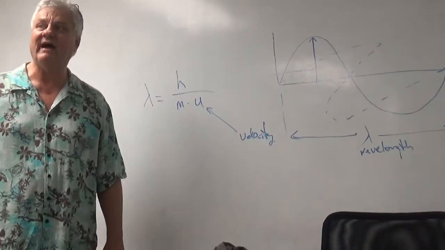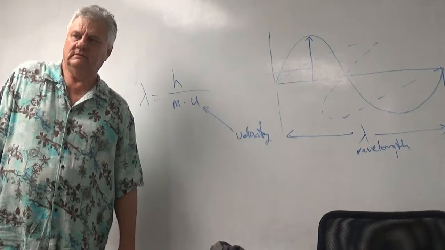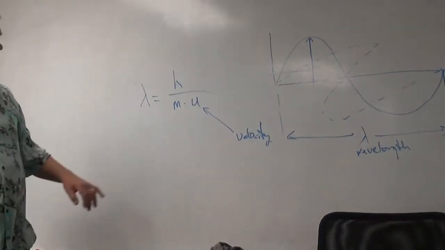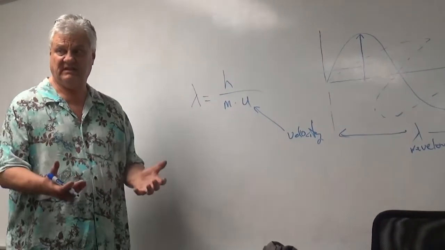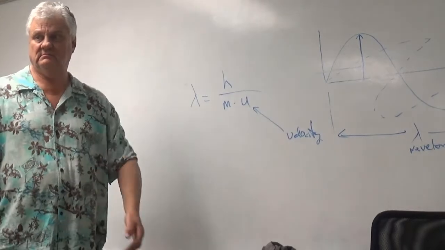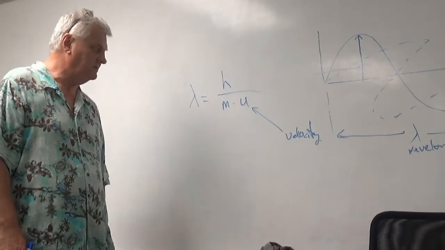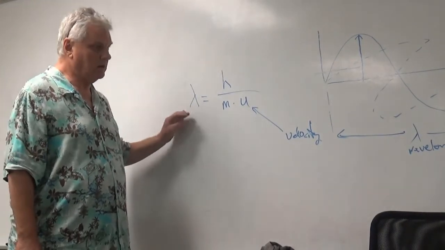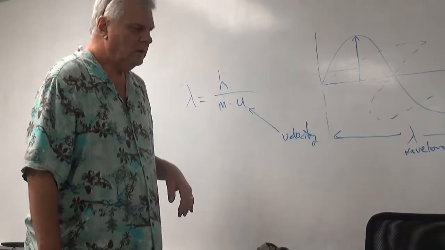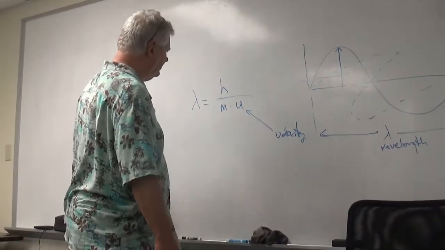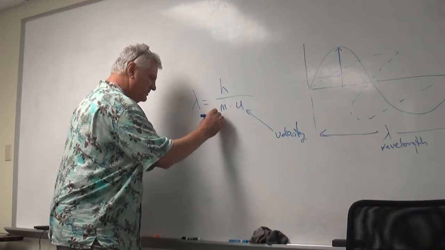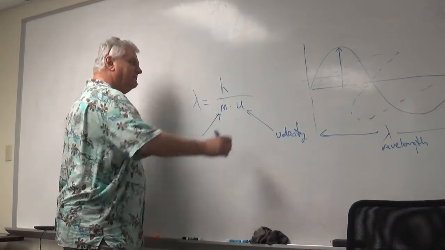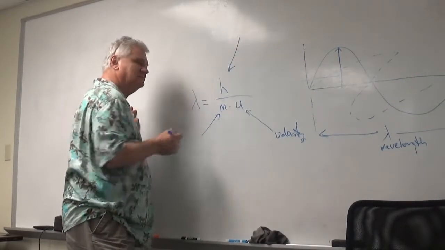It could be pretty fast, but not the speed of light. And so we're writing u here instead of c, which is the symbol we've been using for the speed of light. But now we're talking about a particle. And don't forget, what unit does the mass have to be in if you're using Planck's constant? Does anyone remember?